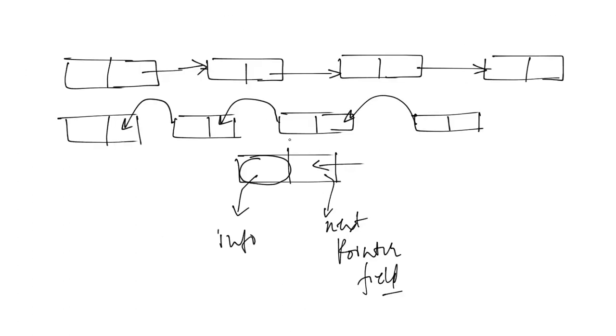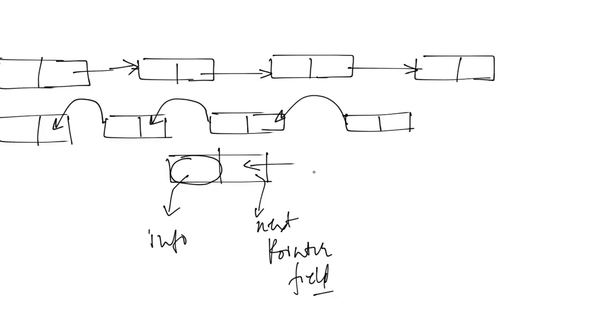Each node can have any number of fields, but one of them should hold the address of the next node. To signify that a particular node is the last node of the list, its pointer field should be marked with a null value. This is the last node, and the next pointer field of this node is null.